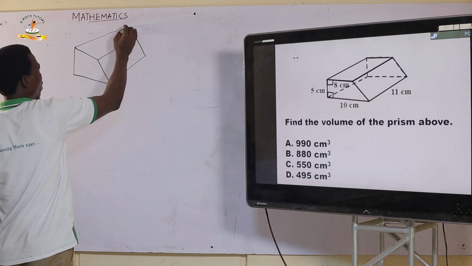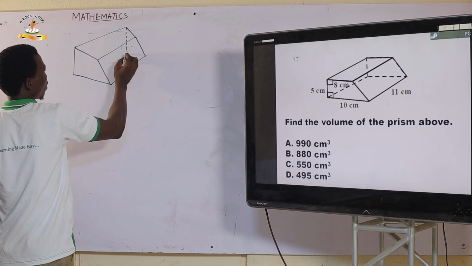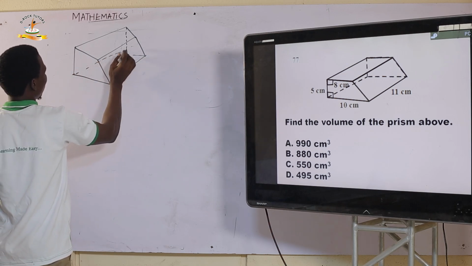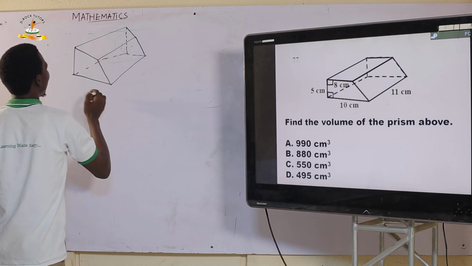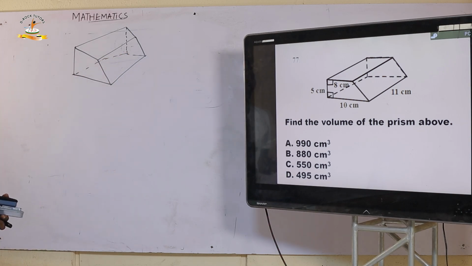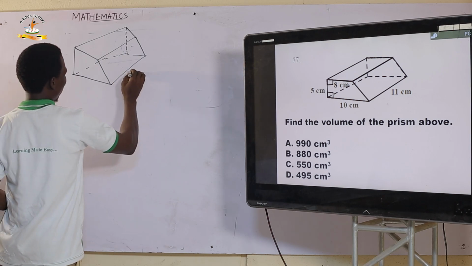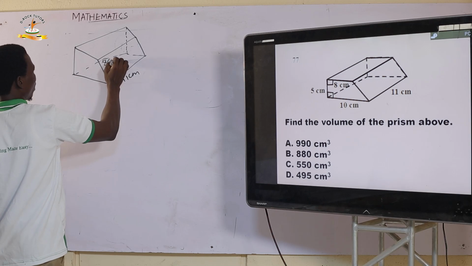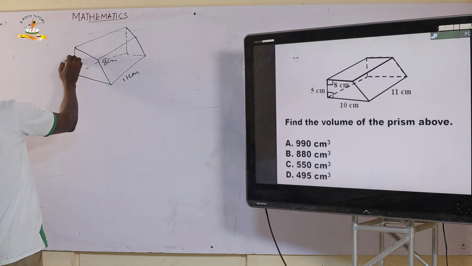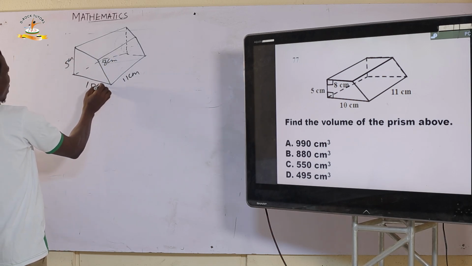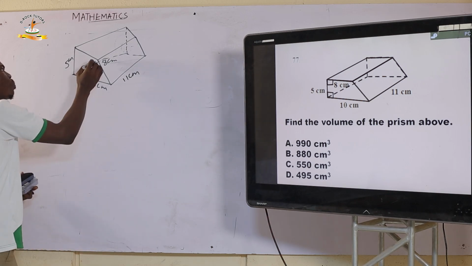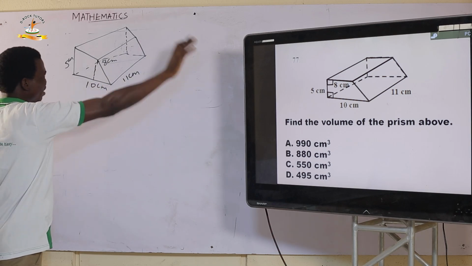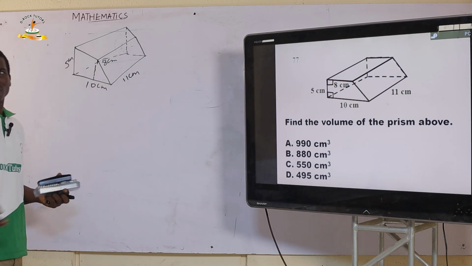So you have something like this, and it is 11 centimeter here, and it is 8 centimeter at the back, and it is 5 centimeter here and 10 centimeter here. So I'm going to break it into two, this part of which is a triangle to the other side, and I have a perfect rectangle.